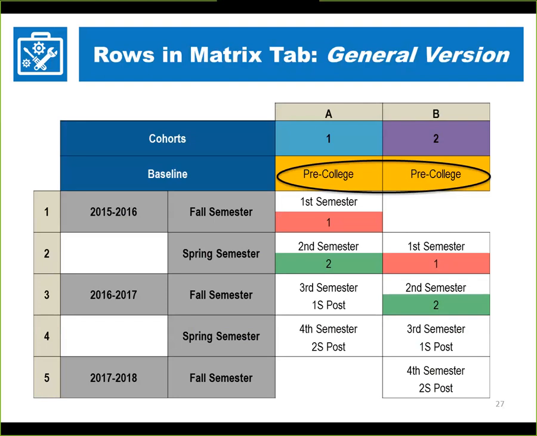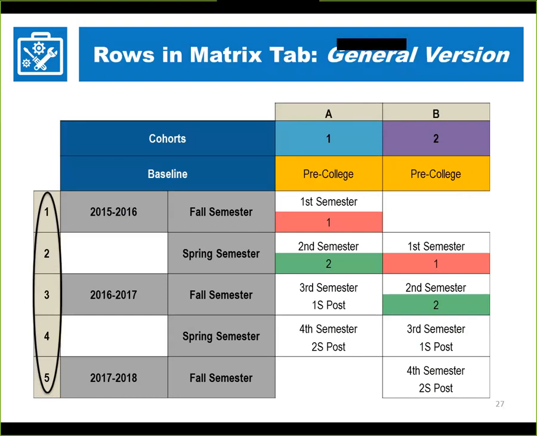Okay, next are the numbered rows, and these rows correspond to the progression of time in semesters relative to the start of the intervention. Each row represents a semester, beginning with the first semester that the intervention is implemented, during which data will be collected. In this example, as well as in the cluster RCT example that we'll be looking at, there are 5 rows.